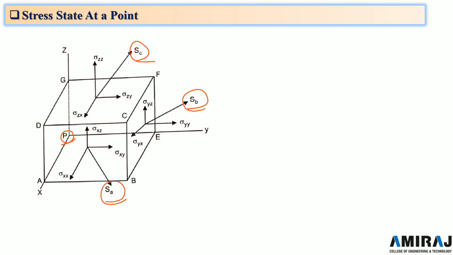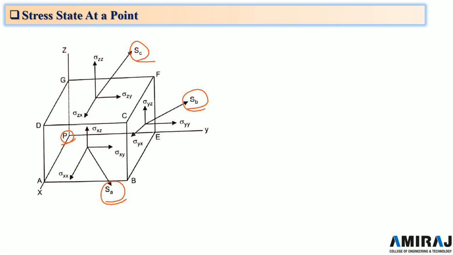The stress vectors acting on faces of the cubical element may be decomposed into stress components acting in the direction of chosen coordinates. Thus, the stress vector SA acting on the face ABCD is decomposed into three components, one along the normal to the face, while the other two are parallel to the face but are directed along the other two coordinate axes.